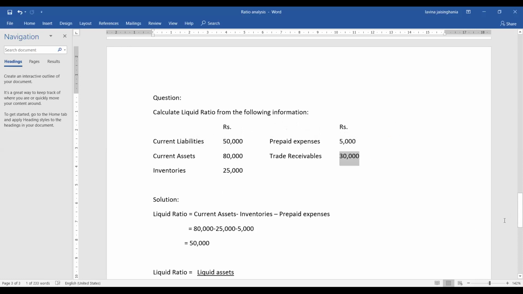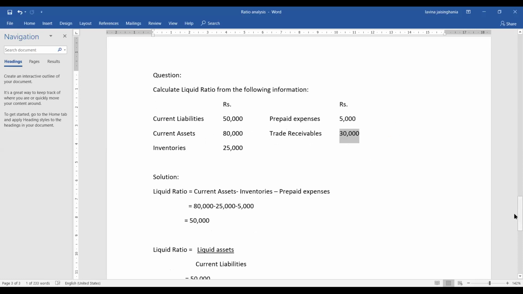So the formula for liquid ratio is liquid assets divided by current liabilities. For that you have current liabilities as 50,000. But what you require is liquid assets. So liquid assets equals current assets less inventories and prepaid expenses, because these two are not part of liquid assets.